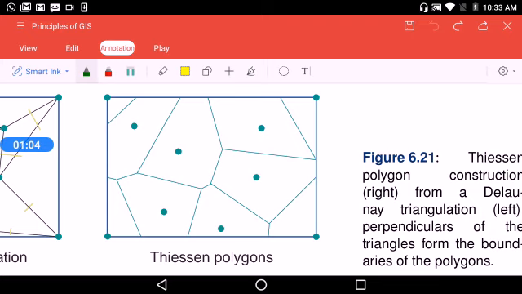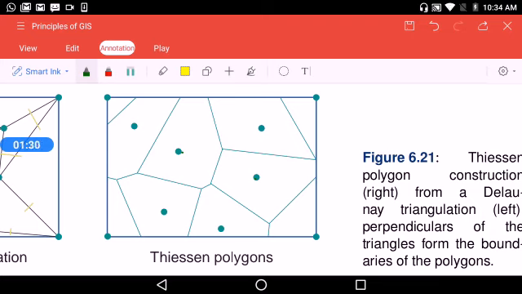So let us now consider that the dots are the target locations, and we want to construct polygons around each target location showing which locations belong to this particular target location. So in the figure you can see the polygons are already drawn, but how are the polygons drawn? Let us understand that.